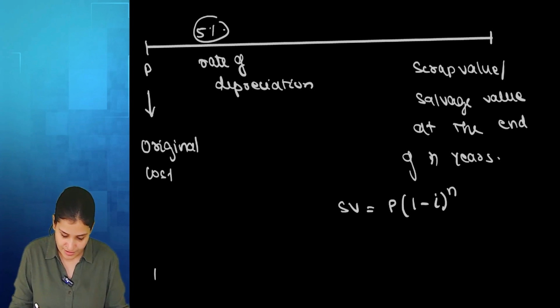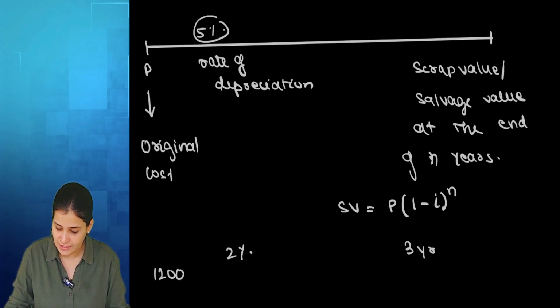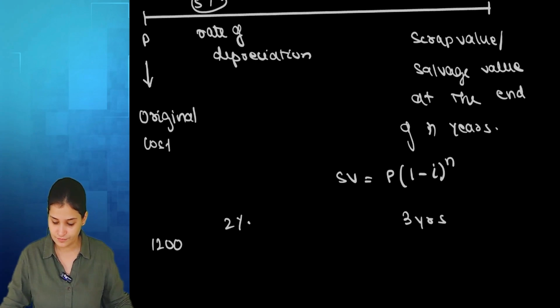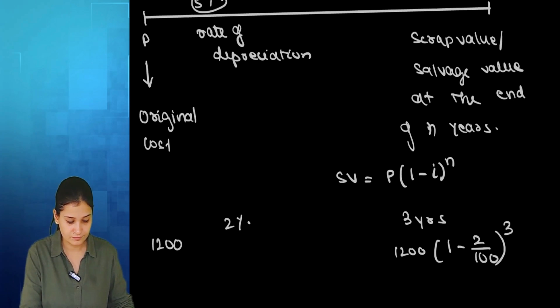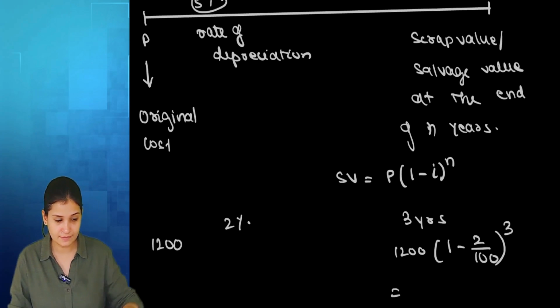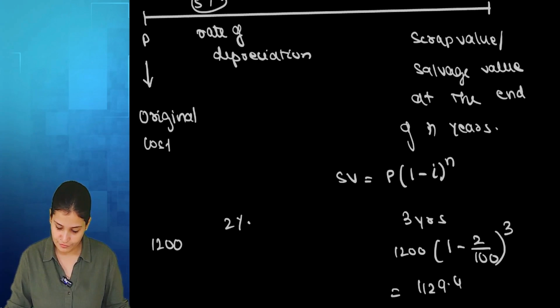So if I bought something at 1200 and it gets reduced by 2% each year, how much will I get after 3 years? 1200 into 1 minus 2 by 100 to the power 3. Answer. 1129.4304.